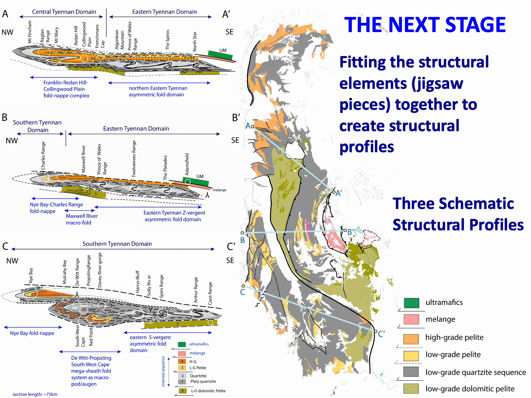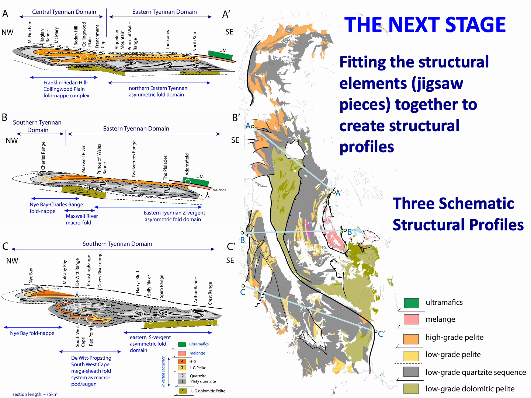The next stage involved fitting the structural elements, i.e. the jigsaw pieces, together to create structural profiles. 3 structural profiles were created. One for the southern Tyennan, the southern part of the Tyennan Domain, one for the southern eastern Tyennan, the middle part of the Tyennan Domain, and one for the central eastern Tyennan Domain towards the northern part.